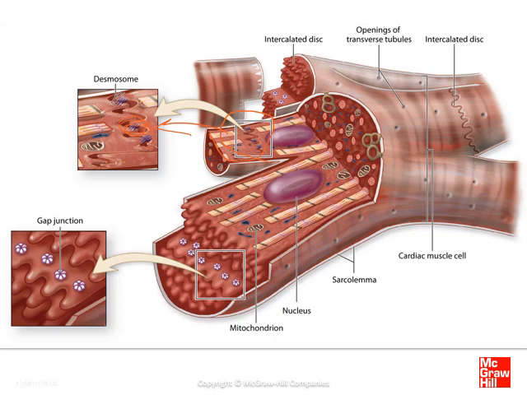And notice that there are little folds of our intercalated disc to increase surface area to allow for more cell-to-cell contact. And then here are our gap junctions, which are going to allow for that ionic continuity throughout our cardiac muscle. And of course, our nucleus is going to be centrally located within the cell.